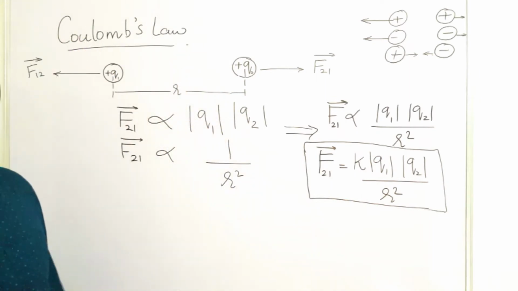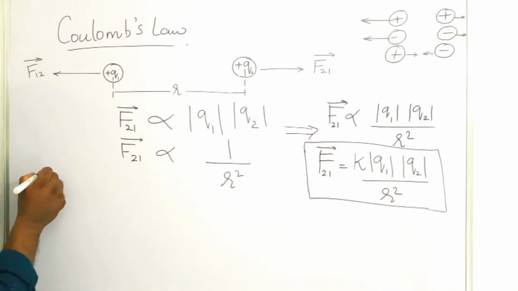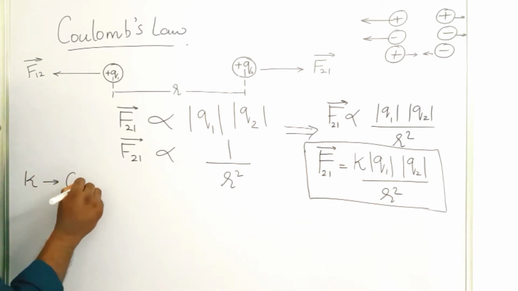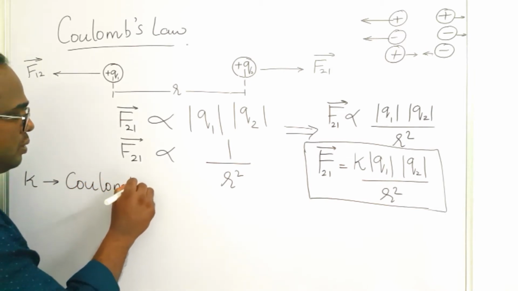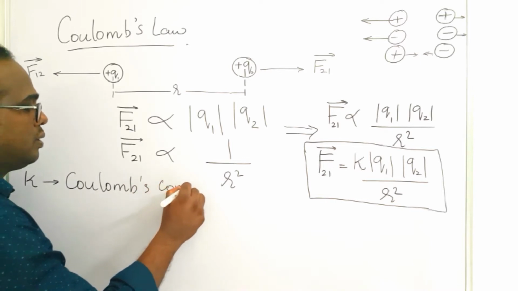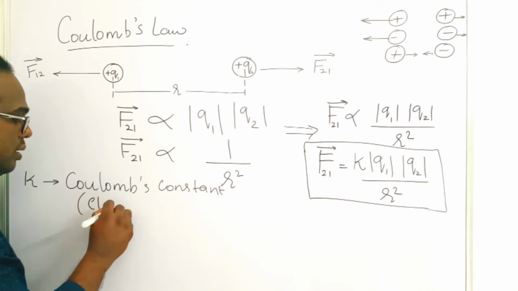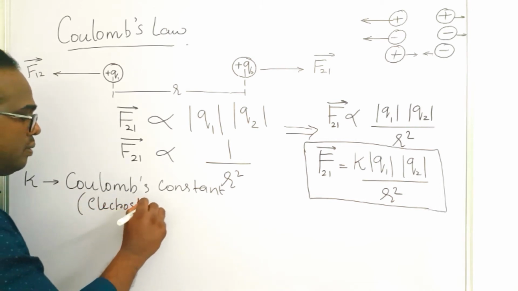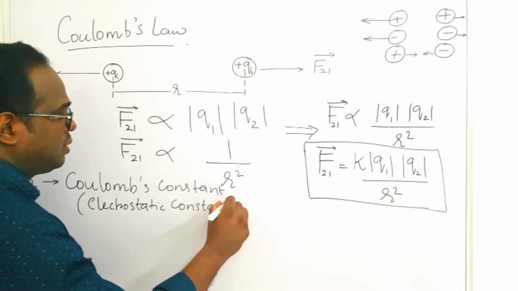Now we can examine the constant. This constant K is called Coulomb's constant or electrostatic constant.